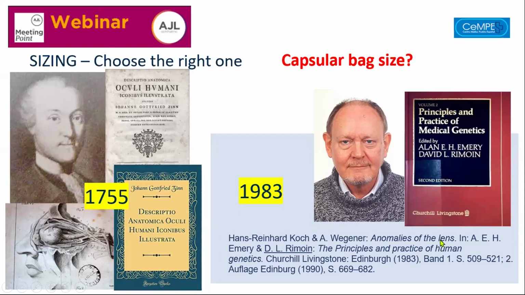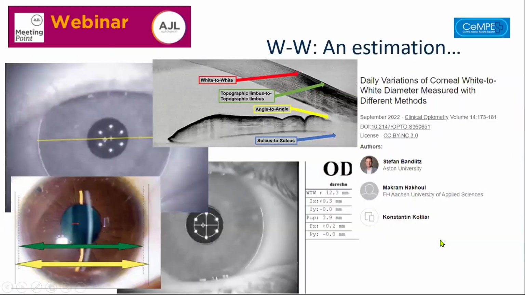And now in modern times, it's our machines. We skip from the science directly into the industry. So we have the white-to-white measurement, and this is an estimation. Why is it an estimation? Because the white-to-white ends here, where the cornea stops having transparency.